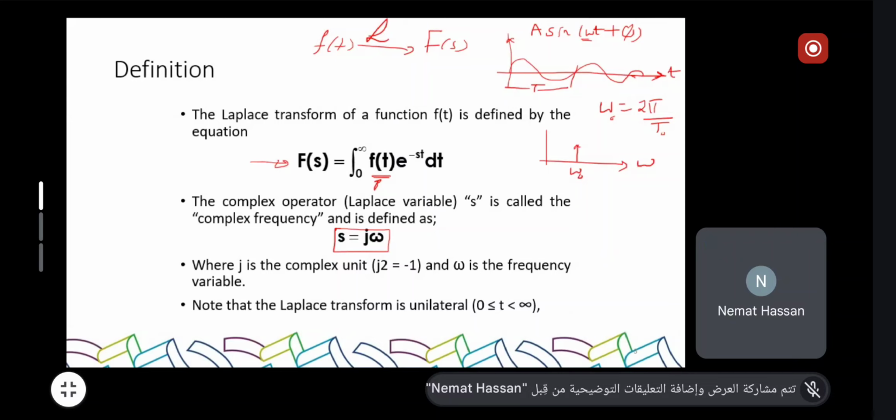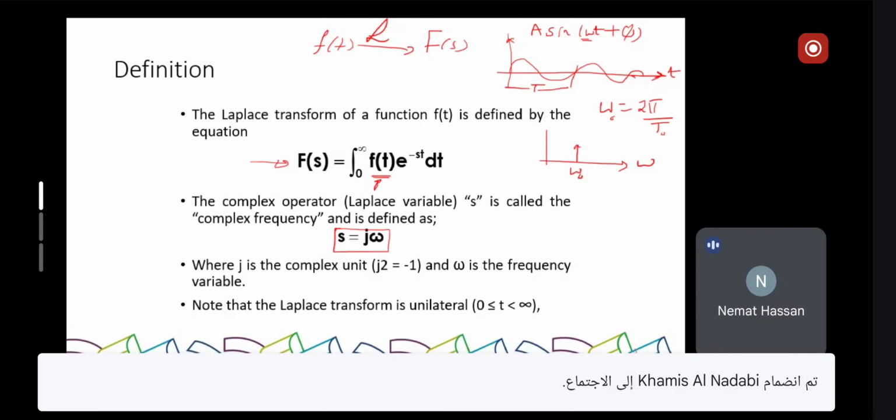So the same signal can be represented either in the time domain as f of t, or as a function of its frequency as F of s. We call this the Laplace pair. So the same function has a pair, either in time or in frequency.